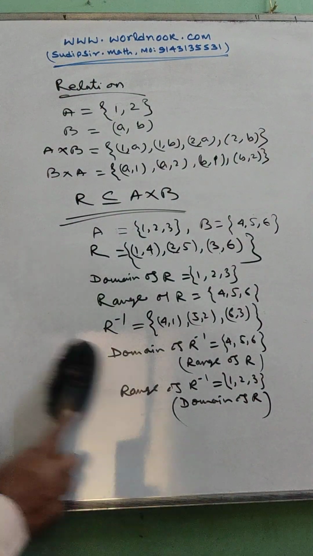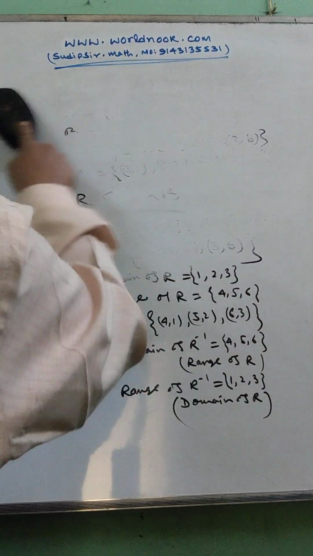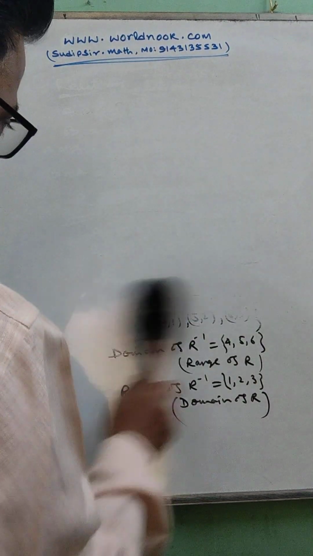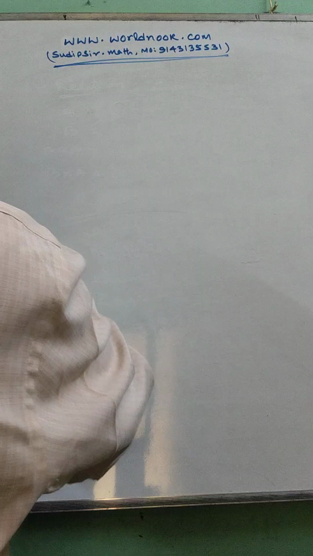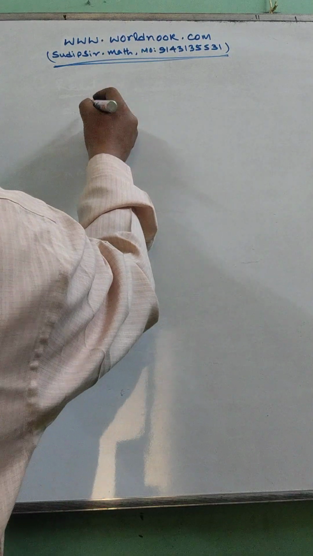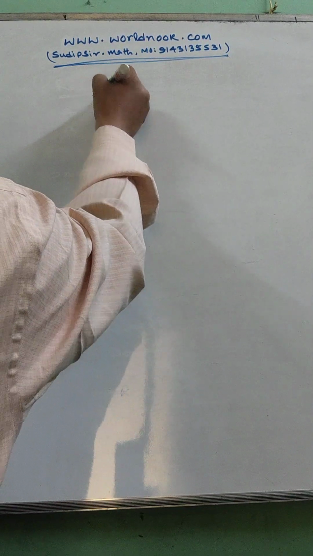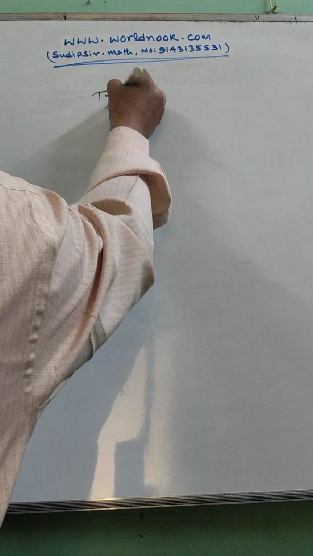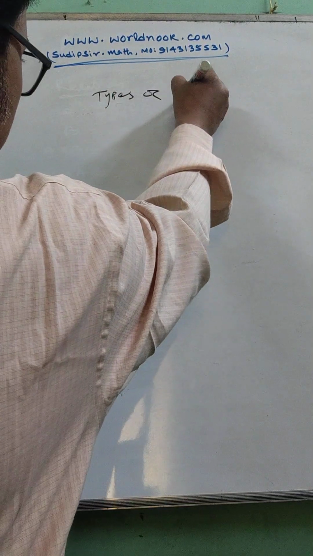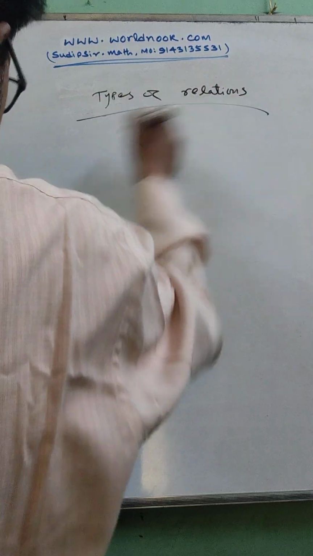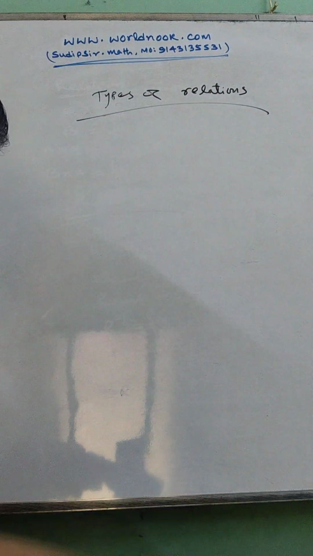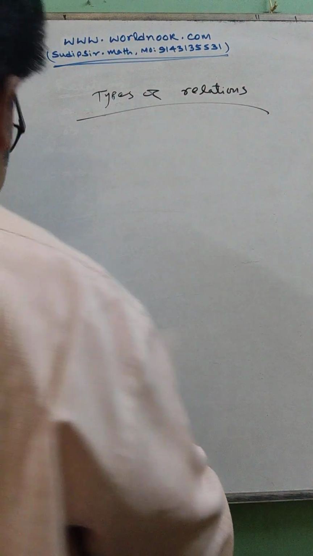Now for this relation, different types of relations are there. That was the inverse relation. Now, different types of relations.